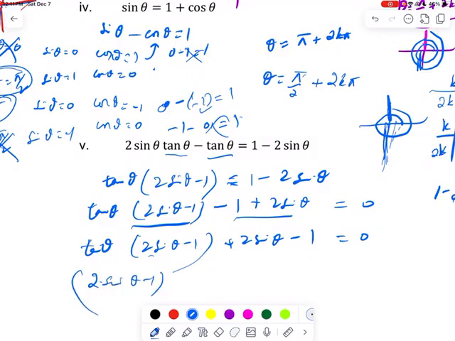Then we are left with tangent of theta plus 1 equal to 0.